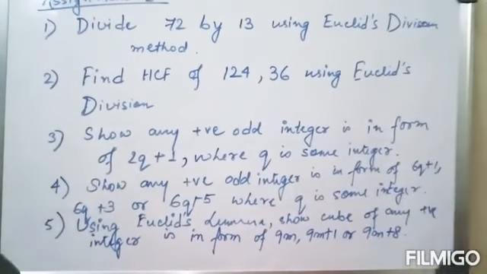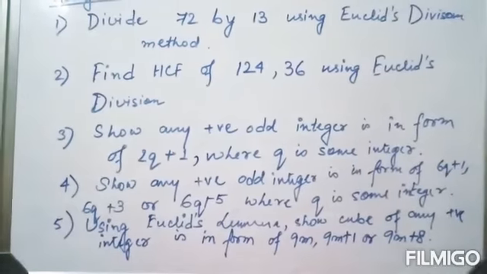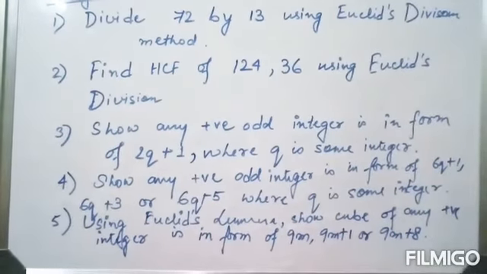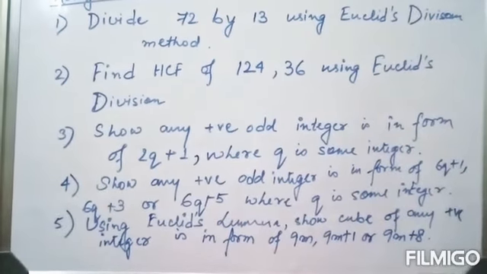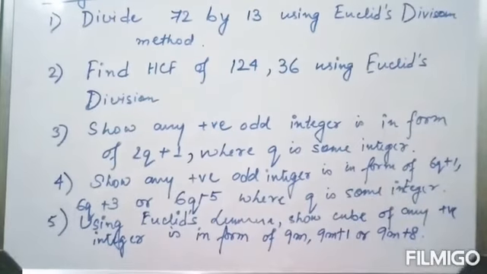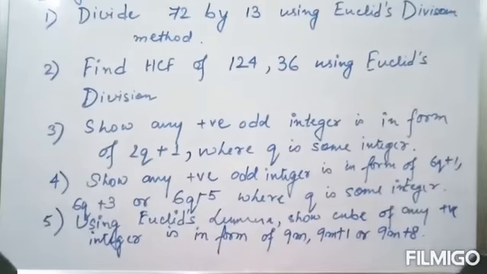Divide 72 by 13 using Euclid's division method. Second question, find HCF of 124 and 36 using Euclid's division. Third one, show that any positive odd integer is in the form of 2q plus 1, where q is some integer.